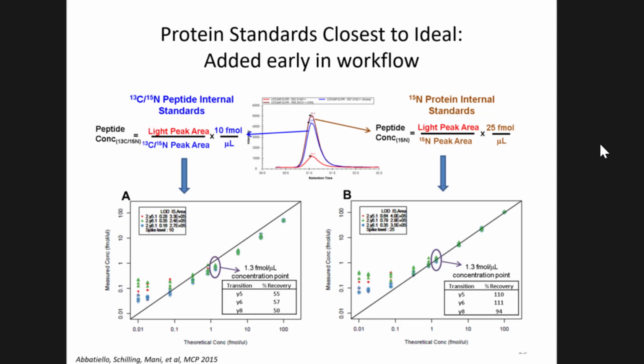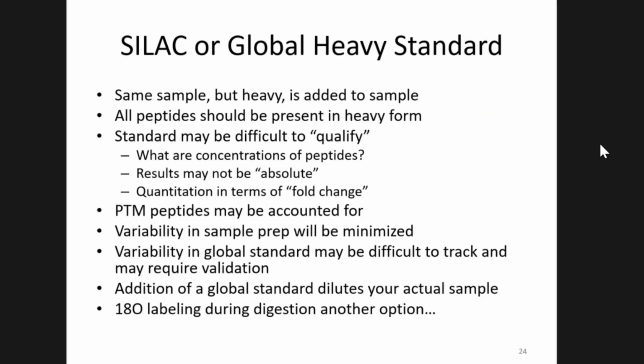I know the title of this afternoon section is absolute quantification. And that's another thing I feel strongly about. I don't like to call it absolute. I know a lot of people do because it implies you get a concentration. You're not saying it's 2-fold more concentrated or 4-fold less concentrated. You're saying, I got 50 femtomoles per microliter in my sample or whatever.